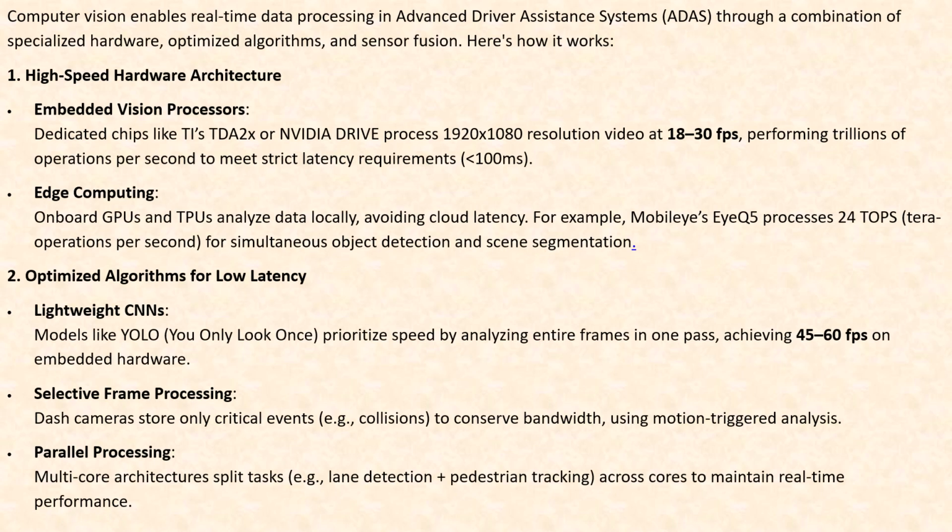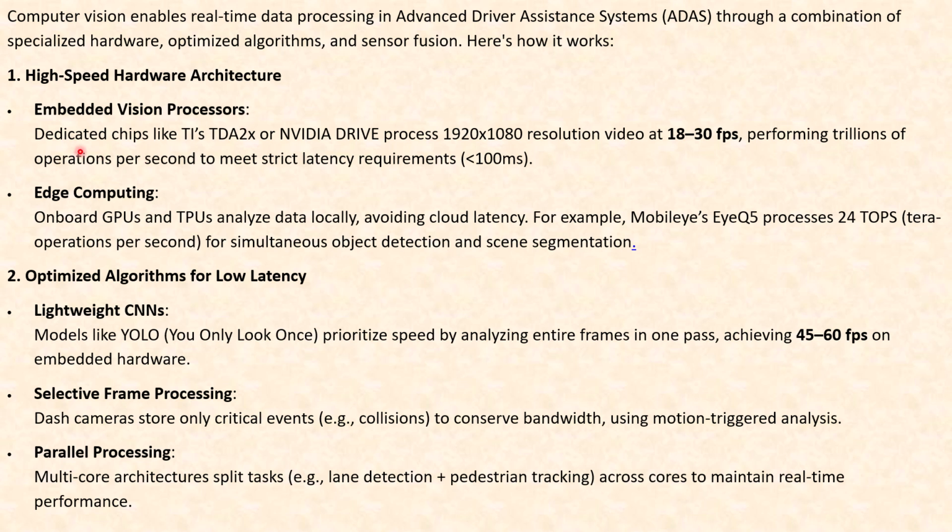Computer vision enables real-time data processing in advanced driver assistance systems through a combination of specialized hardware, optimized algorithms and sensor fusion. Okay, now how does it work? First is with the help of high-speed hardware architecture. And what are these high-speed embedded hardware architectures?